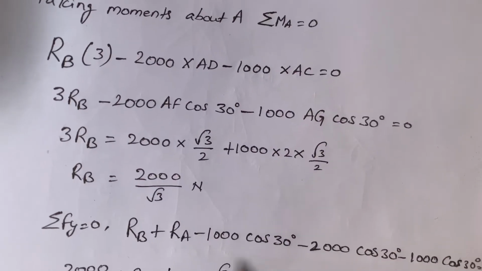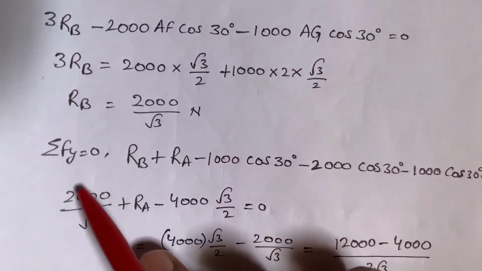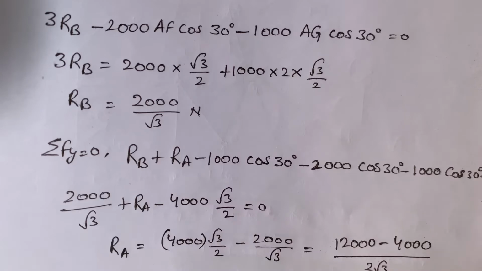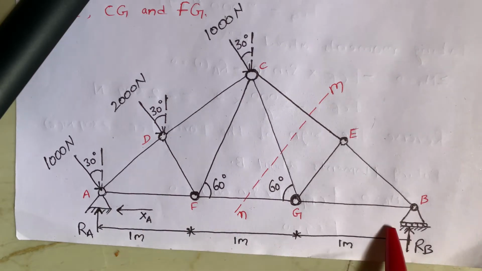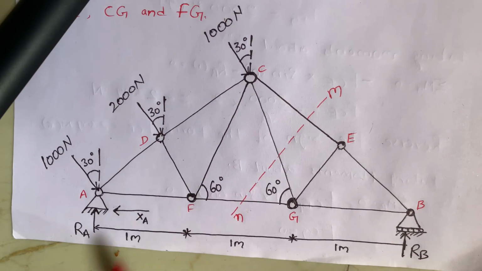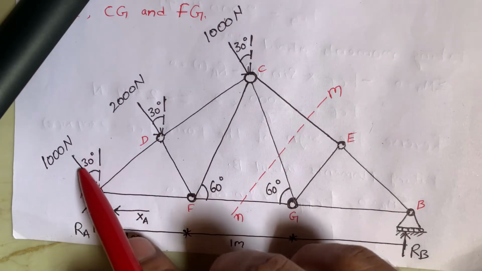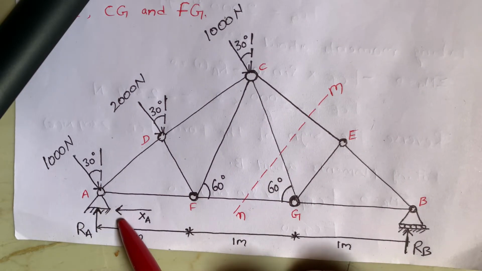Next we have to find the summation of all forces in the y direction. So here the y direction is RA positive, RB positive. Why? Because upward. And next, the y direction forces: I am going to resolve this force in the y direction.